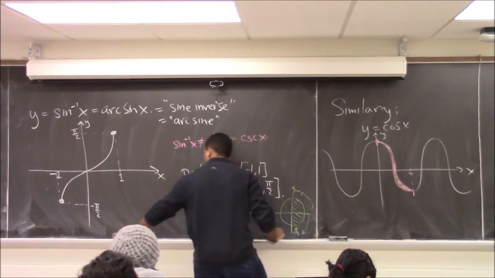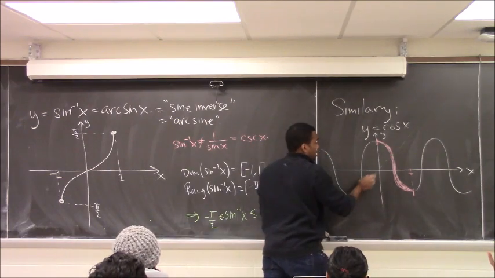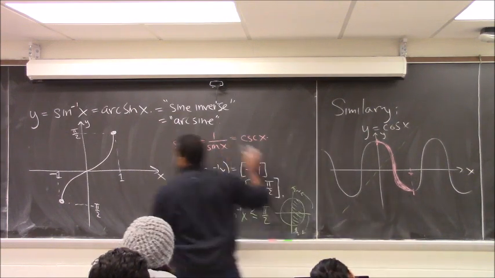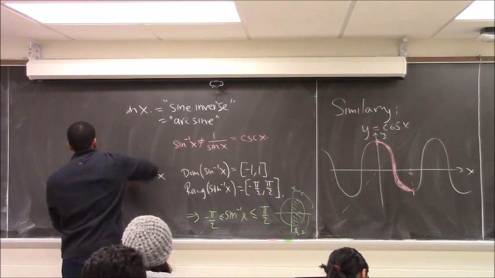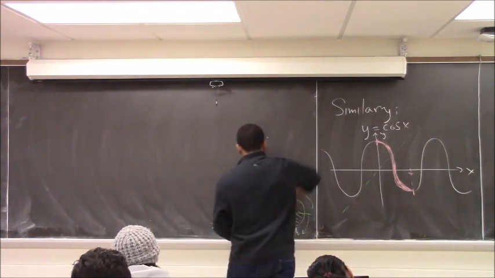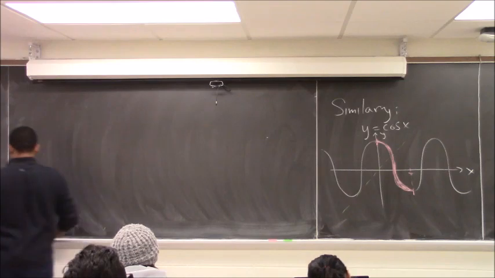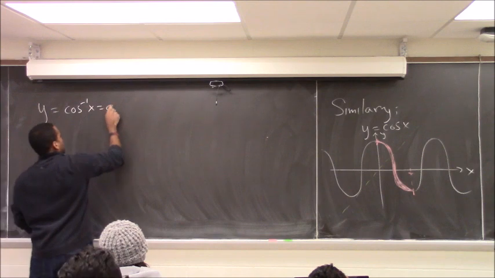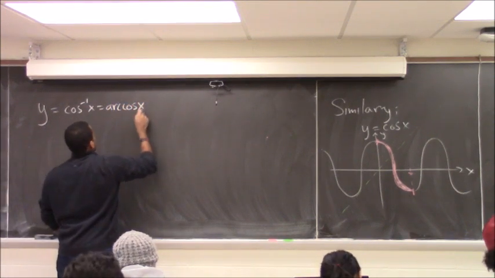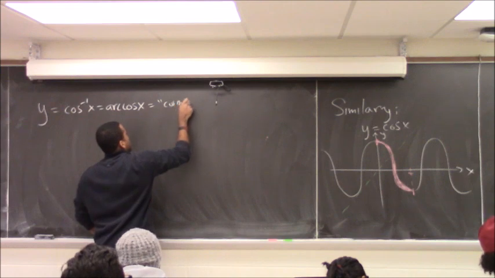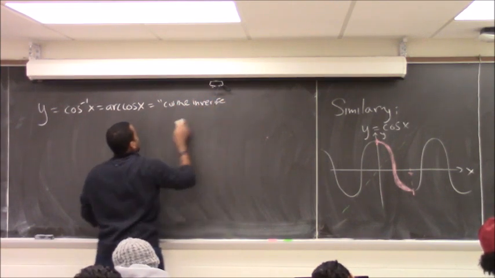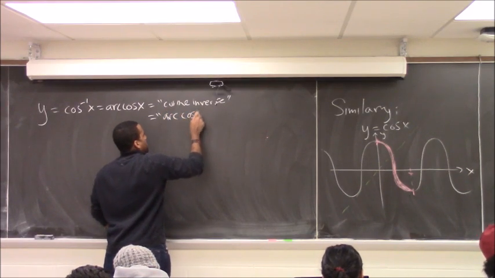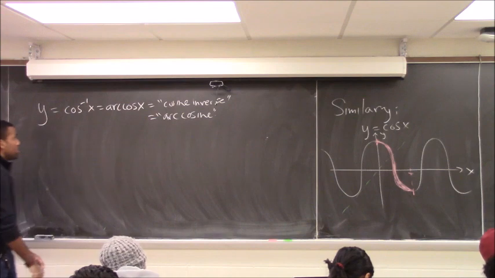So we're going to flip this over and you will obtain this graph. Again, the notation is cosine inverse, but some people like writing arc cosine, so that they don't confuse themselves.